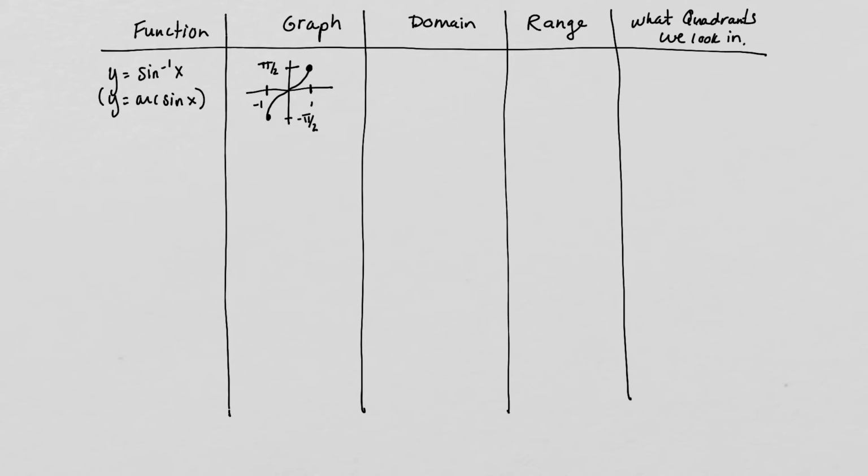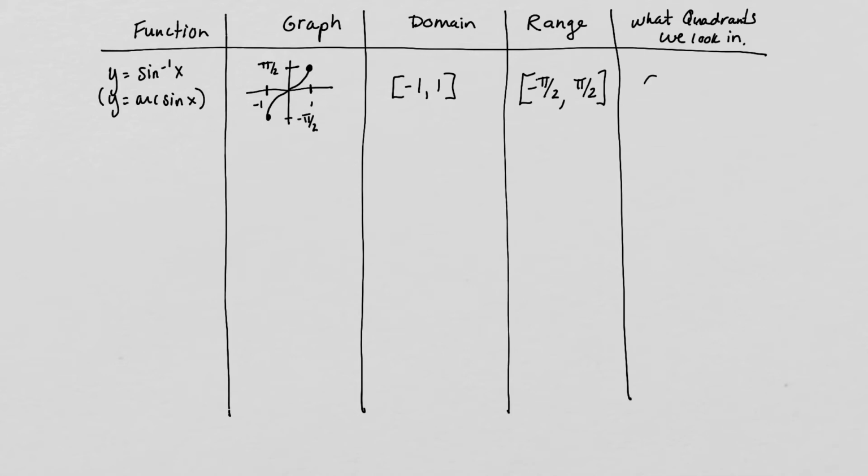And we said the domain here, so the domain remembers your x's, is from minus 1 to 1. The range, which we talked about, where we're restricting it, is from minus pi over 2 to pi over 2.